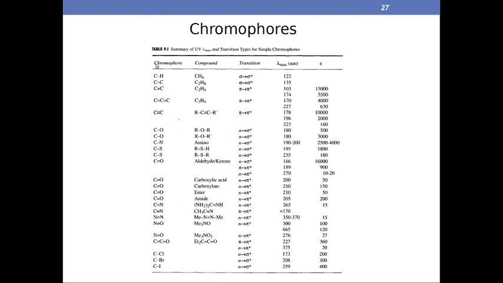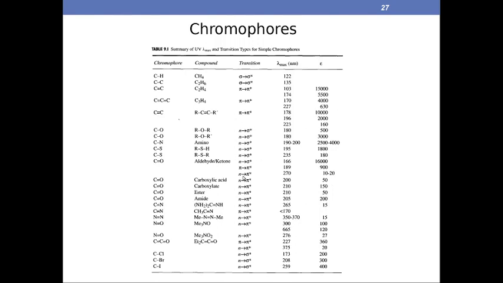This table lists some of the chromophores starting from C-H, with typical examples of compounds containing the chromophores on the left-hand side, the possible electronic transitions associated with these chromophores, and some typical absorption maximum values of the transitions.